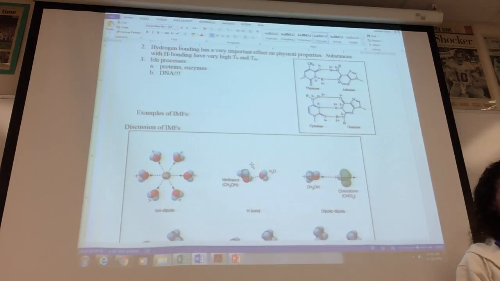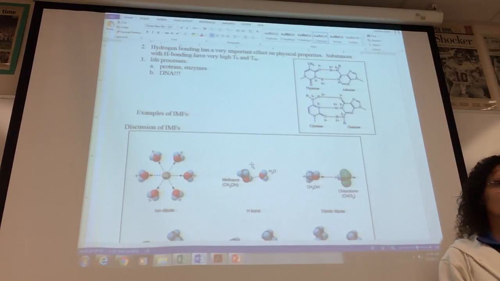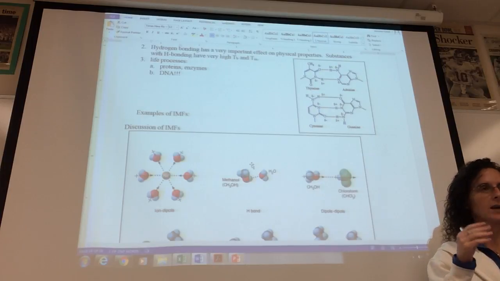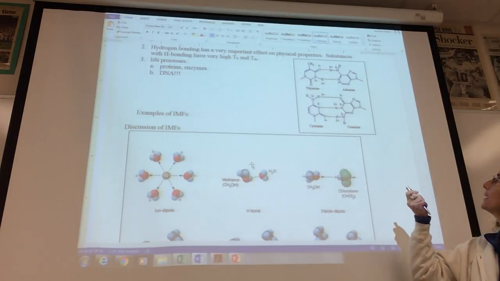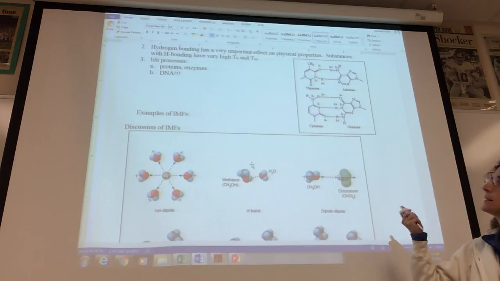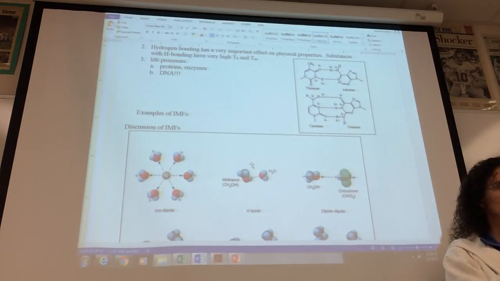So I have a question. If you wanted to melt a strand of double-stranded DNA, which would melt at the lower temperature, an A to T or a C to G? Go ahead. An A to T would melt faster because it has fewer hydrogen bonds. You got it.